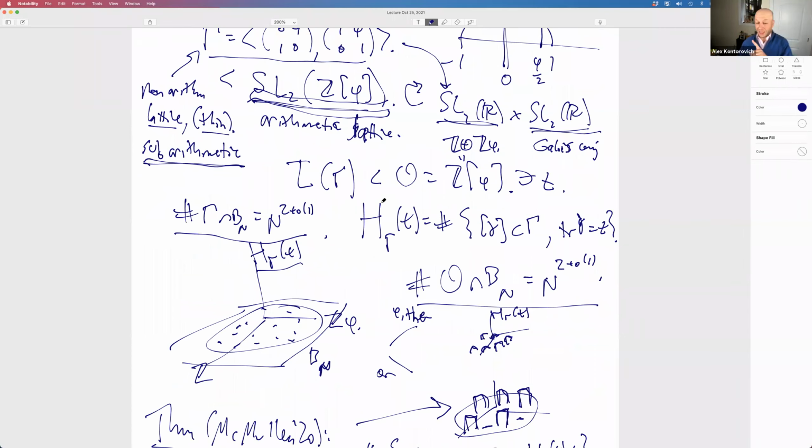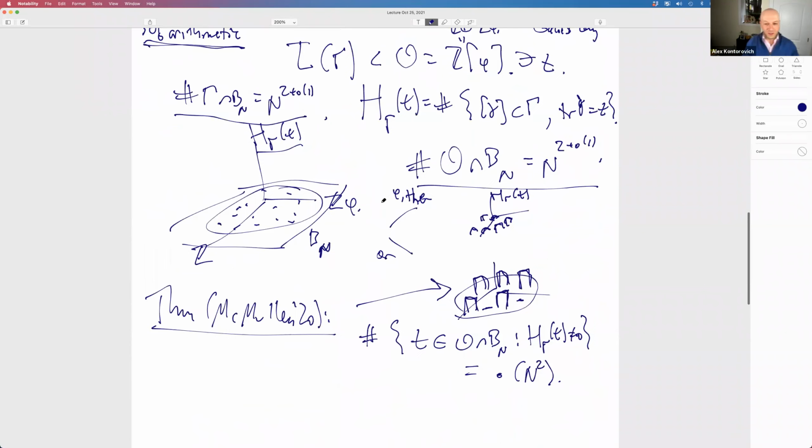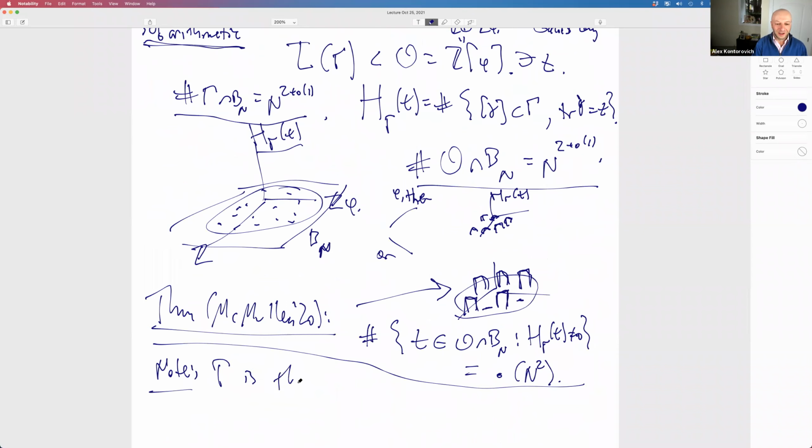So actually, let me make Venki's point. Let me write it here. Let's just make this explicit. Gamma is a thin subgroup of the arithmetic group Z adjoin phi.